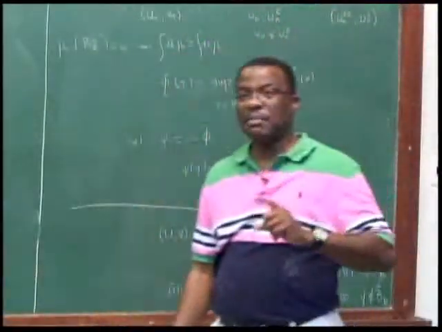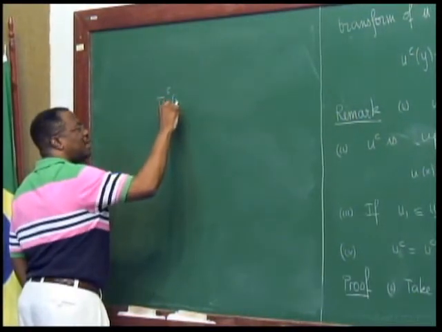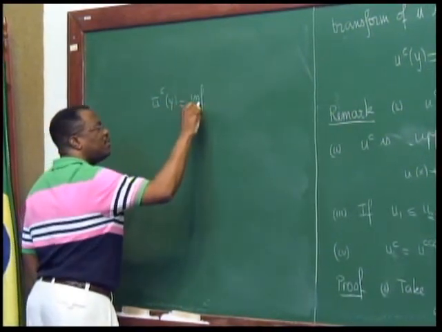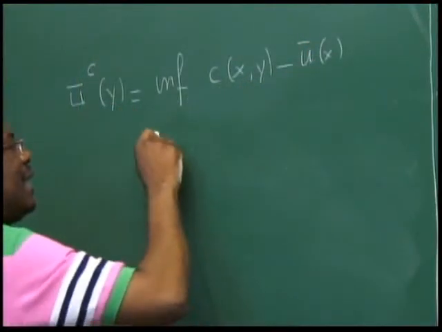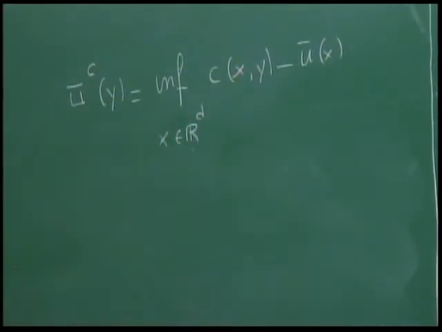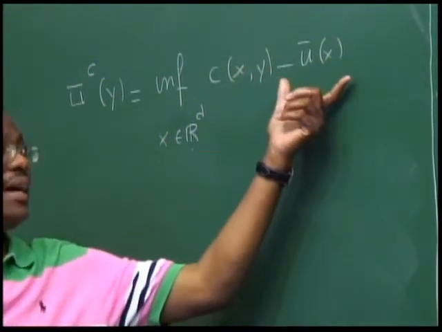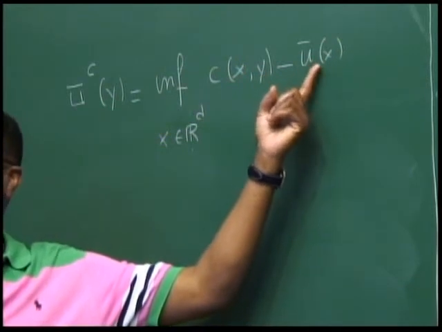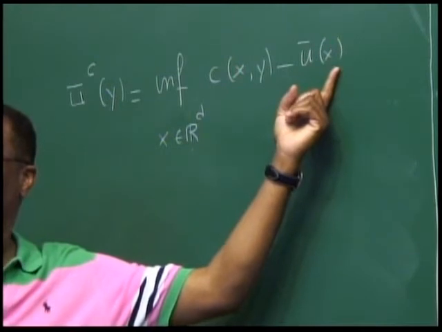Now let's see what I am gaining if I do that. ū with C transform at y. This is the infimum of C of x, y minus ū of x, in R^d. When x is outside the ball, ū is negative infinity. Negative ū is plus infinity, so it cannot be part of the infimum.